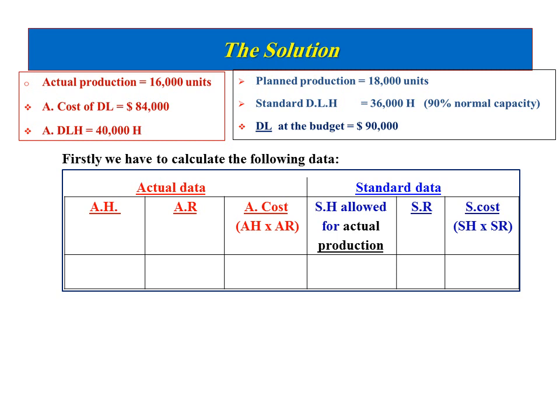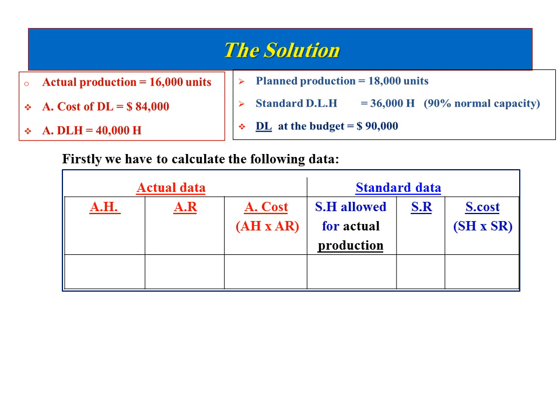Okay, for direct labor I need actual hours, actual rate, actual cost, and I need standard hours allowed for actual production, don't forget, not for budget but for actual production, standard rate and standard cost.